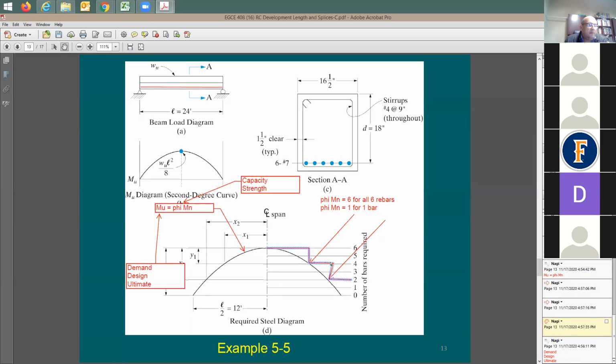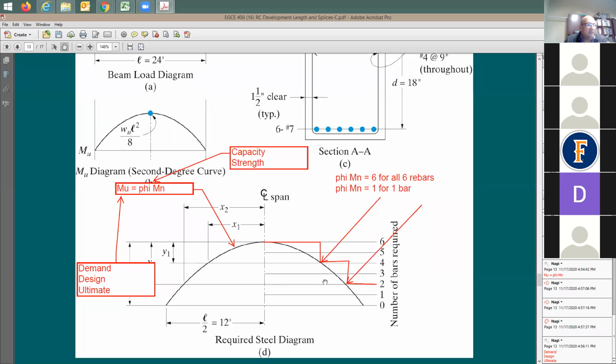So right at this point, how many rebars do I need in this section? Well, here's the moment demand. You can set it equal to the capacity. So how many rebars? It's going to be 4. And at this point, how many rebars do you need after this? I need 2.